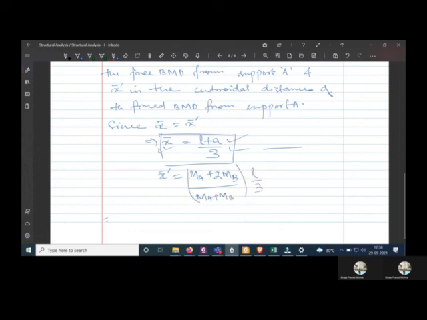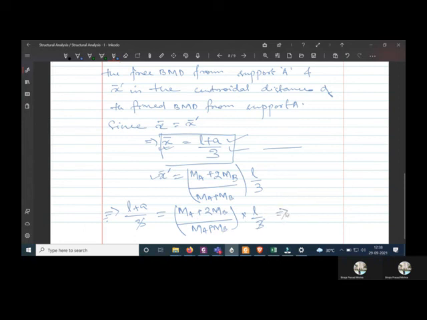Since x bar and x bar dash are equal, I can equate L plus A divided by 3 equals MA plus 2MB by MA plus MB into L by 3. This 3 gets cancelled.